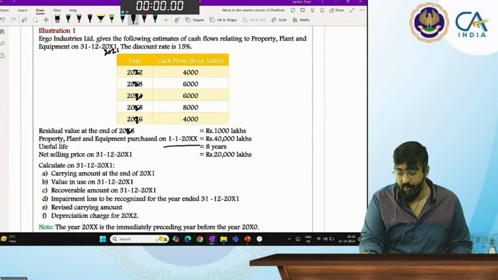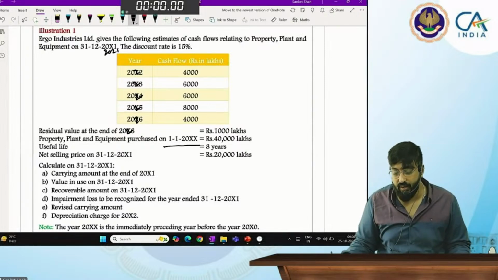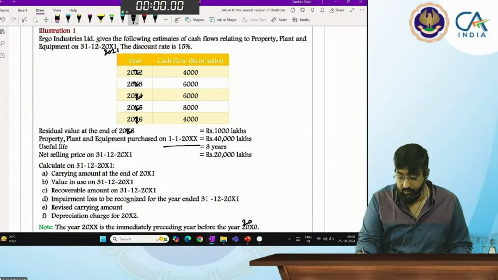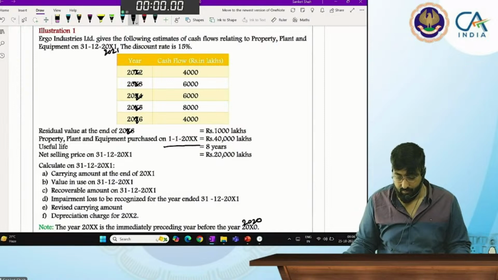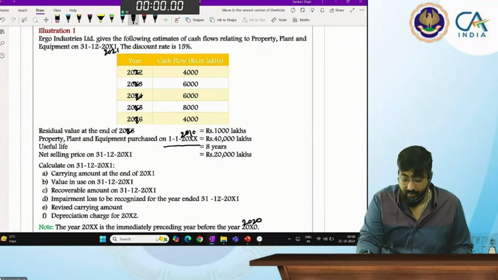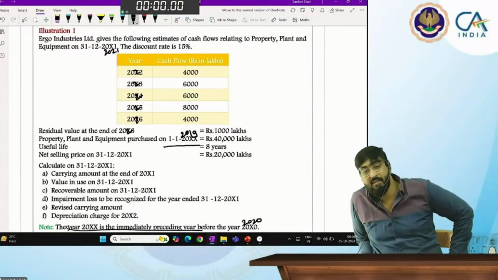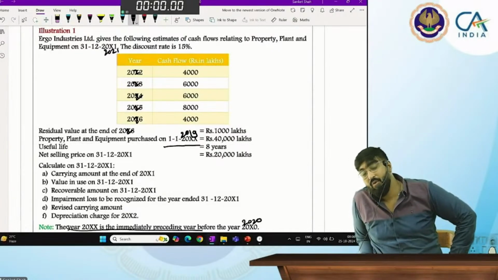And property, plant and equipment on 1st January 20XX. ये कुछ समझ में नहीं आ रहा है. But it is nothing but the previous year of 2020. Okay, so that is 2019. It is given at the end. 20XX is immediately preceding the 2020.